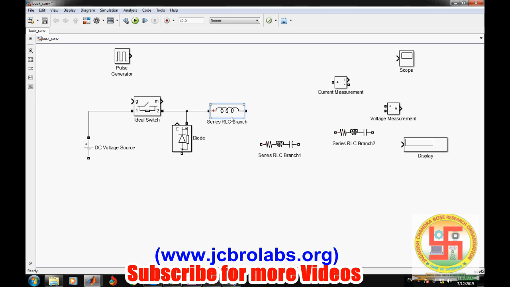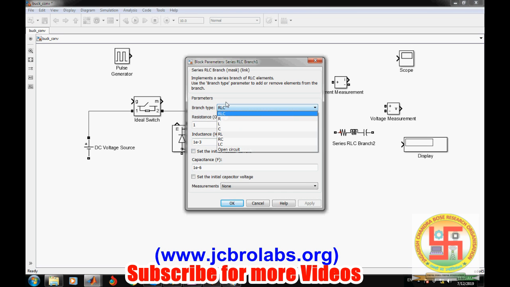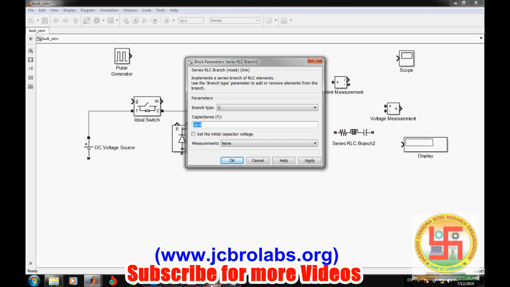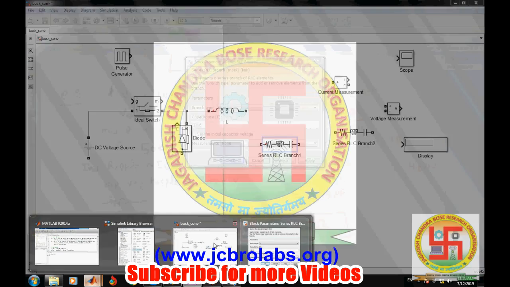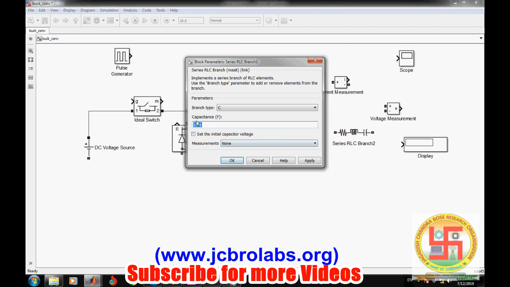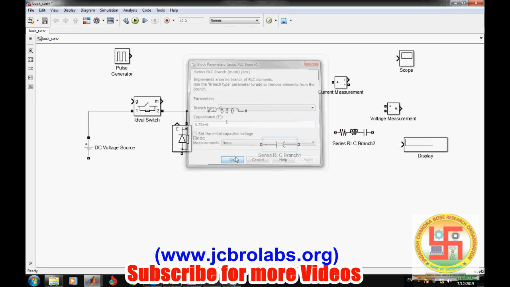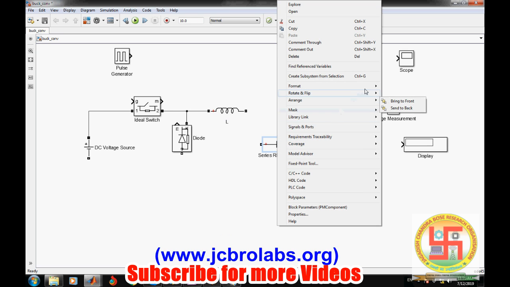We need a C, change it to L only. We need a C only here, and the minimum value of C is 3.75 microfarad. And rotate it.